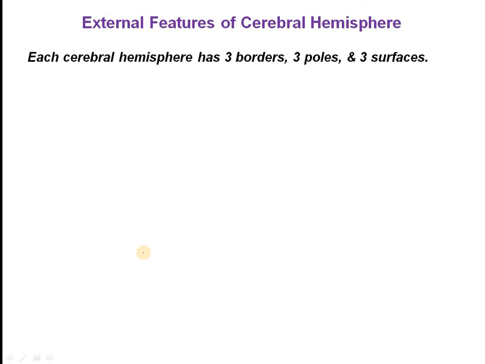If you look at the external features of the cerebral hemisphere, each cerebral hemisphere has three borders, three poles, and three surfaces.